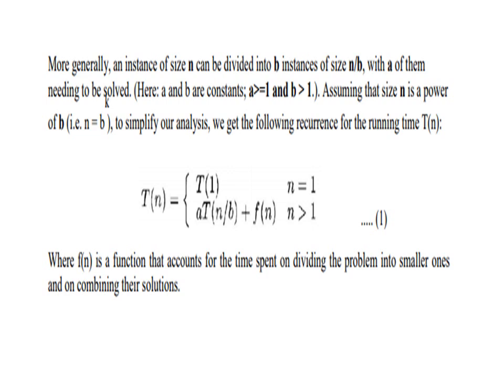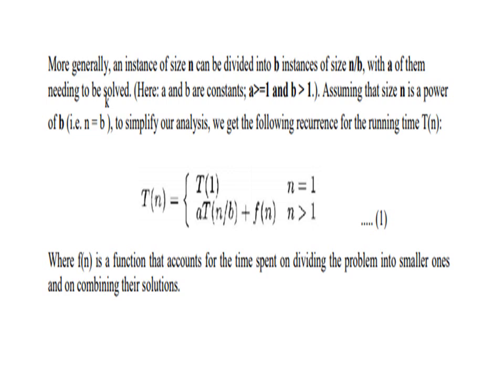If n is larger, then we need to divide the problem into b subproblems, and out of b subproblems we need to solve a of them, and f of n is the same: the time required to divide the problem into b subproblems and the time required to merge the solutions of all the subproblems to obtain the solution for the original problem.